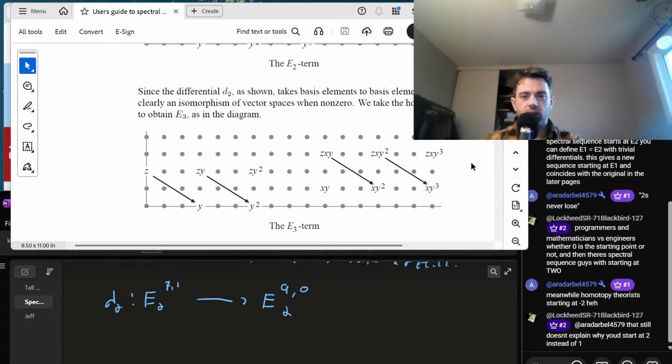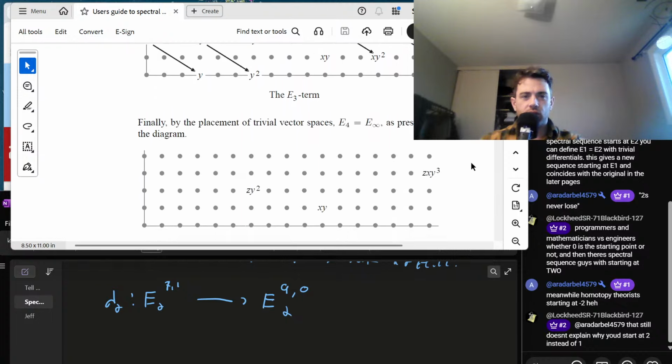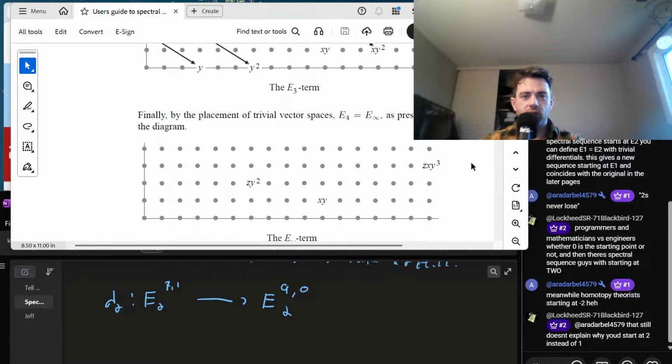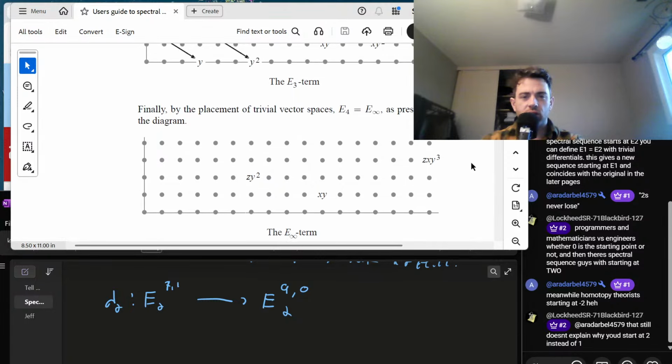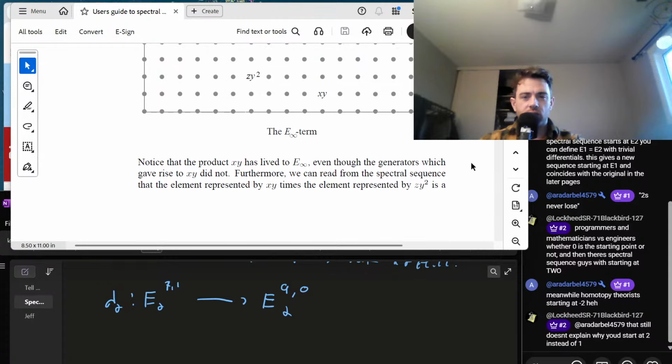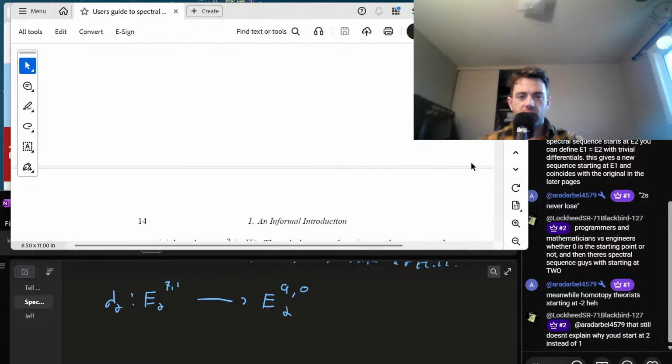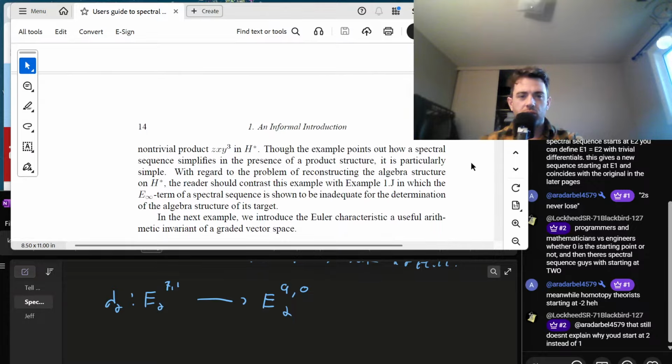Finally, by the placement of trivial vector spaces as presented in the diagram, this has to be E4. Notice that the product xy has lived to E infinity, even though the generators did not.